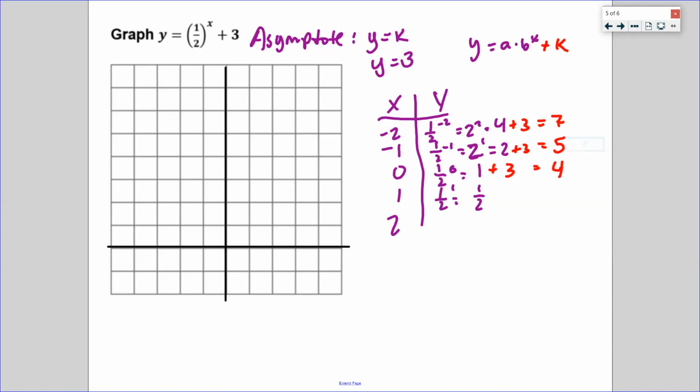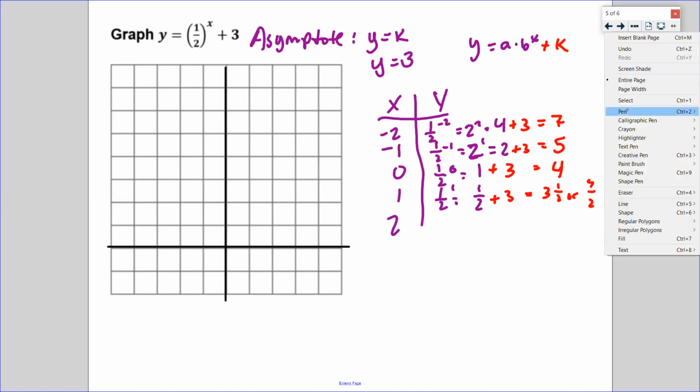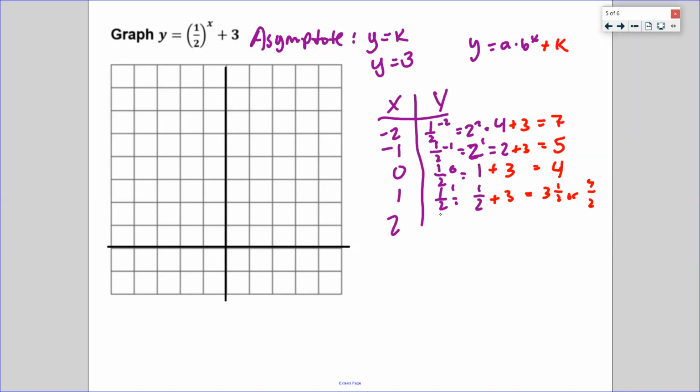If I add 3 to that, that's 3.5, or 7/2. 1/2 squared is 1/4. And I'll write that cleaner here for you. 1/4 plus 3. That's 3 1/4.